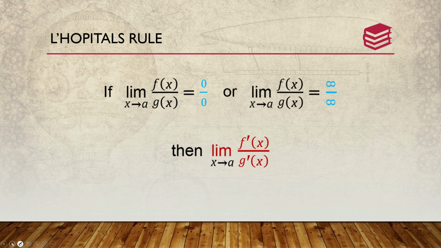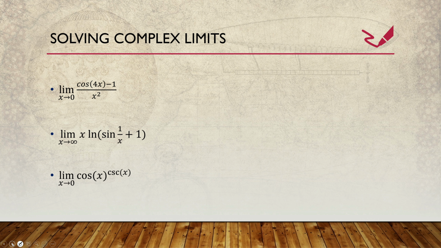Well, if x approaches a particular number a, then you would have to take the derivative of the top and the bottom function. So let's take a look at that. As you can see, for these complex limits, we will be able to solve them pretty easily based on L'Hopital's rule.